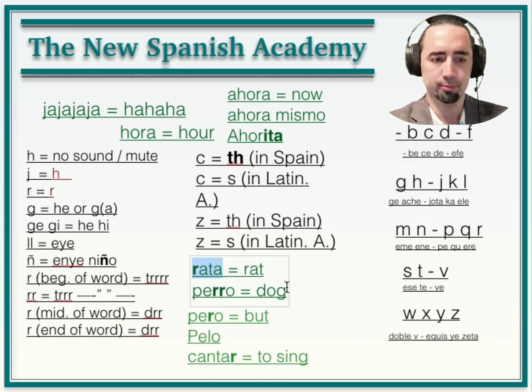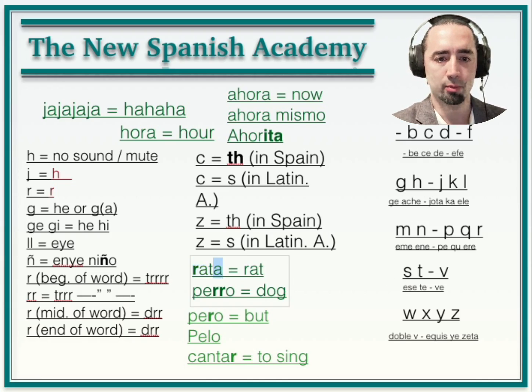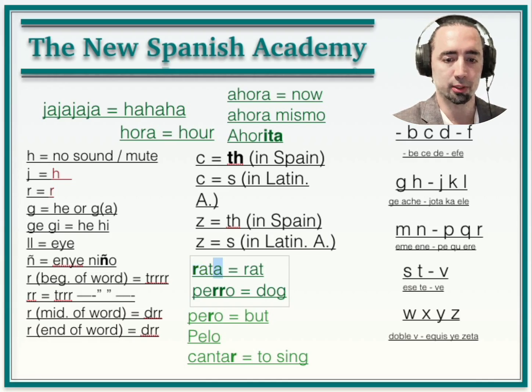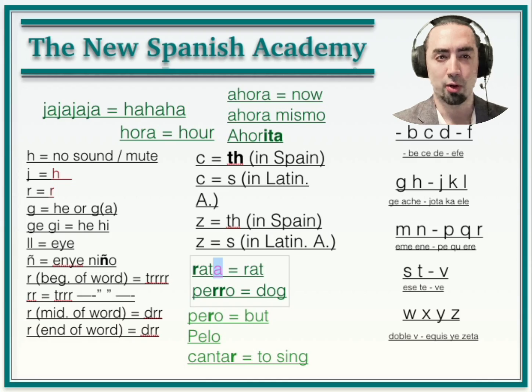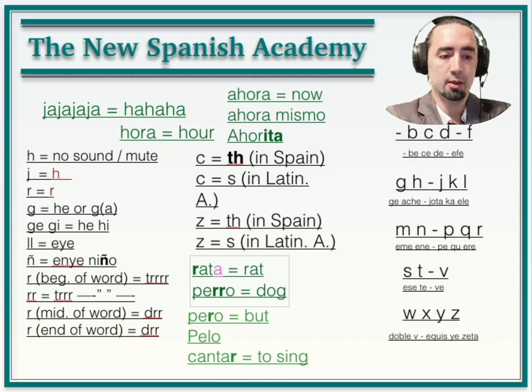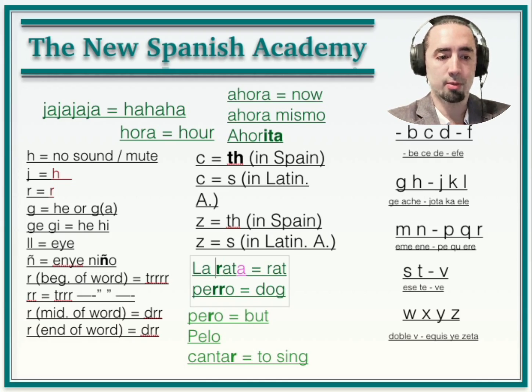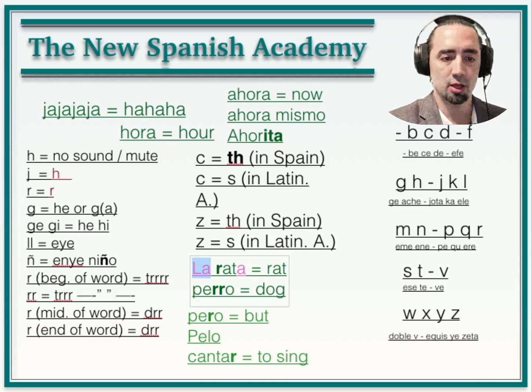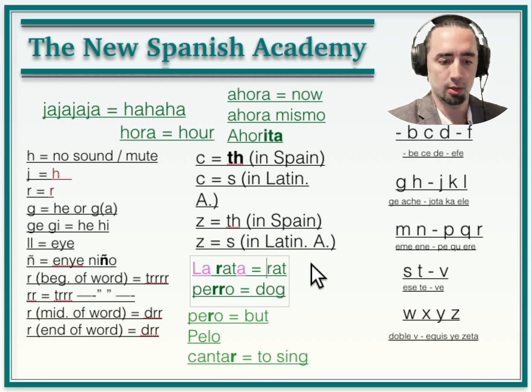Now, as I said before, when the word finishes with an A, it's usually female, like 99.9% of the time. So, rata is female. So, how do we say the rat? We say la rata, the rat, all right? So, la is what we call in English, the, okay?